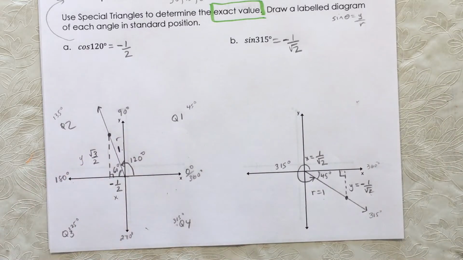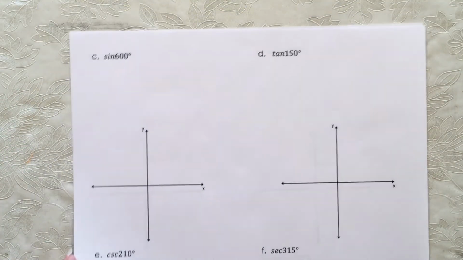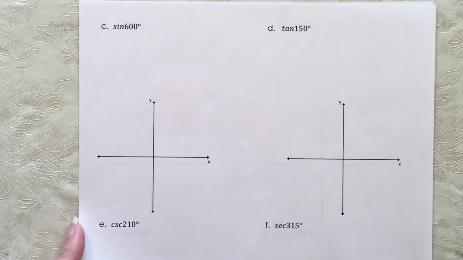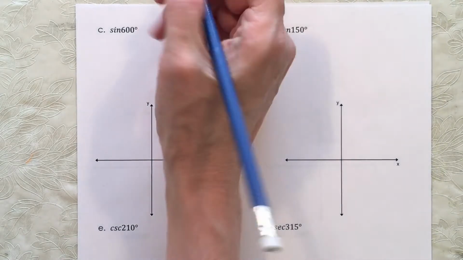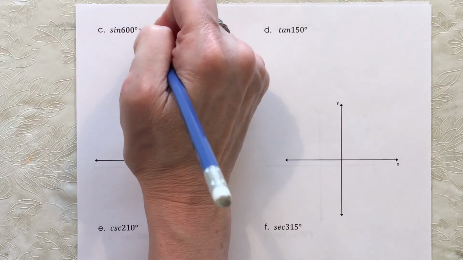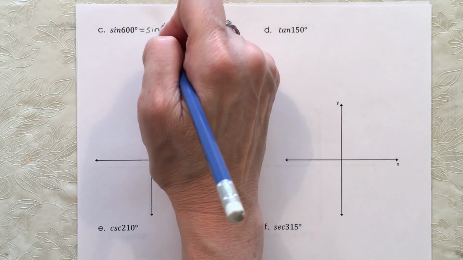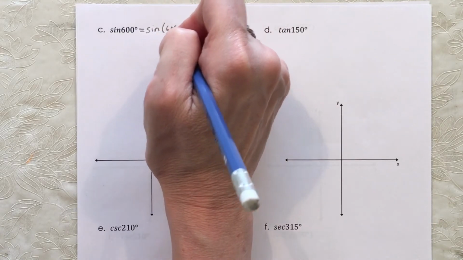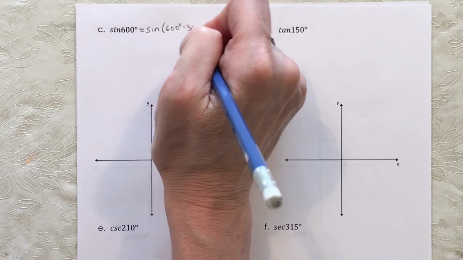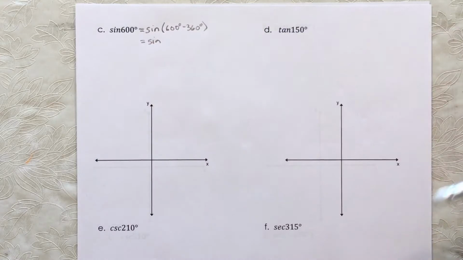Now let's figure these out. All right, next one. Sine of 600. First of all, the sine of 600 is going to be the same as the sine of an angle that's coterminal with 600. So I'd be thinking in my head, I'm going to do 600 minus 360 because I want to know where to draw it.